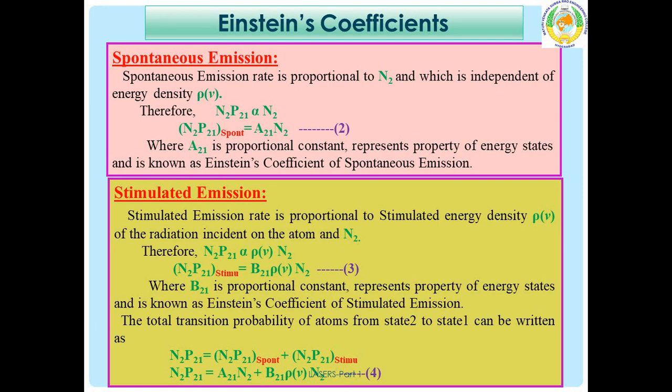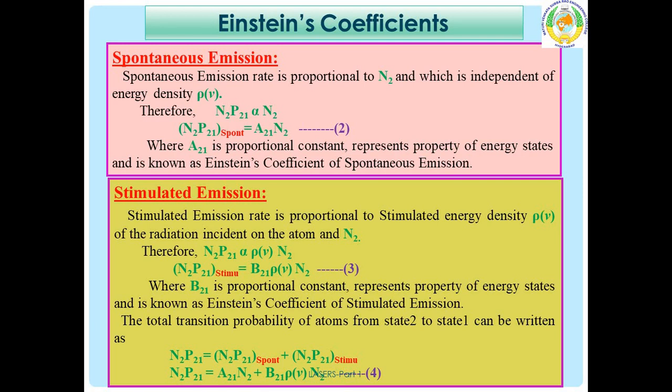Now we will go to the stimulated emission. So what is happening in the stimulated emission? An atom in the excited state absorbs the photons and then comes down to the ground state emitting photons. So here the rate at which it is transiting should be dependent on what? Dependent on the number of atoms in the energy state E2 and dependent on the incident energy density. So that means N2 P21 should be proportional to rho nu, which is energy density, into N2.